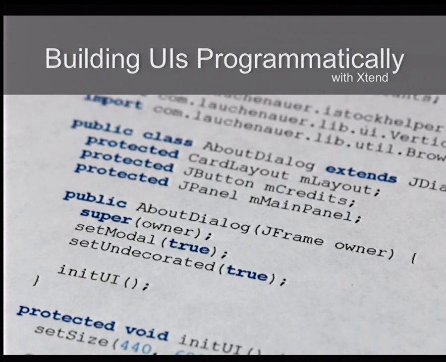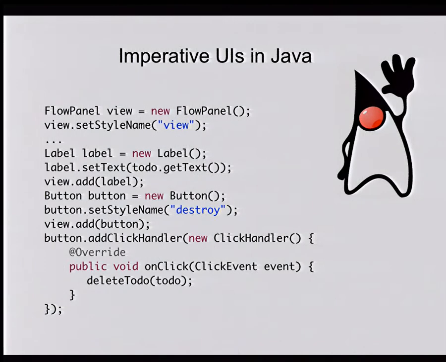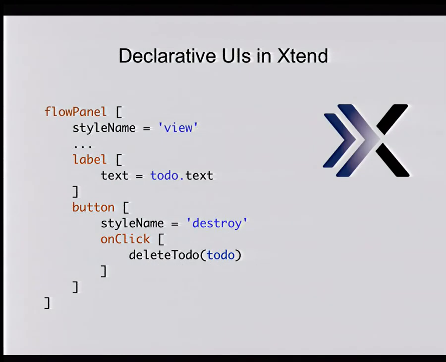The other problem we saw is building UIs programmatically. So the traditional imperative Java style here. In Xtend, you can write it like this, because you can build a so-called builder API.